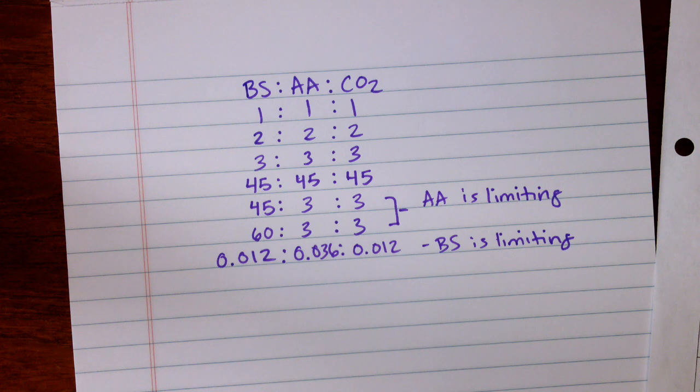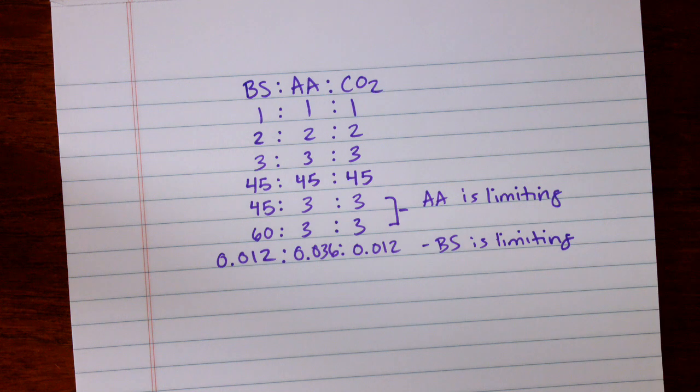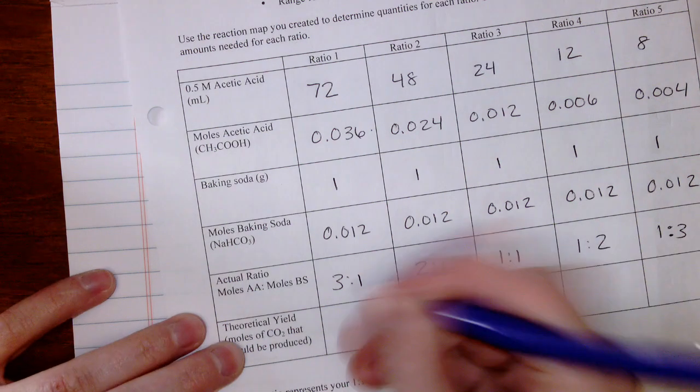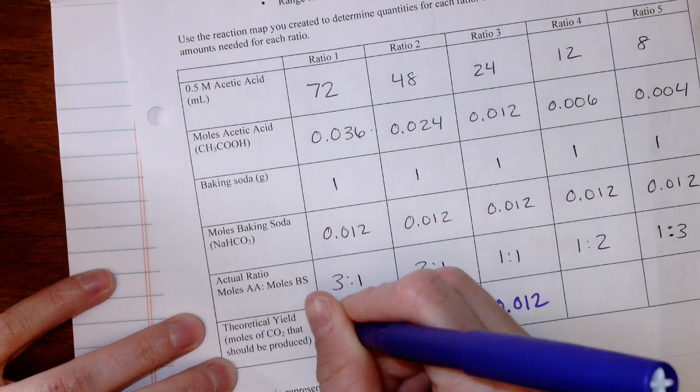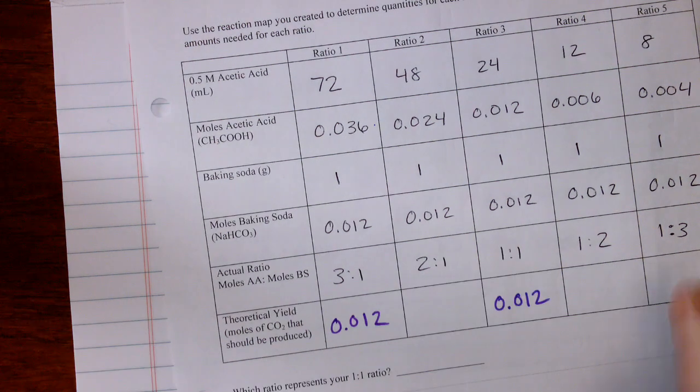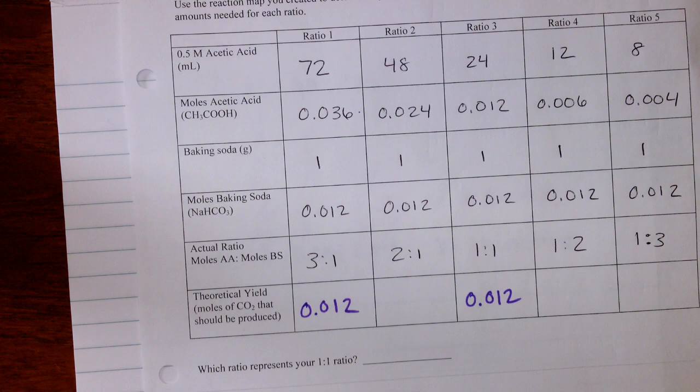This is not like how you can assume to be able to find this always, but for this specific lab, it works out that it's pretty easy. So our moles for carbon dioxide here would be 0.012, okay? So for this, think through what is going to be limiting, what is going to be excess. The limiting is how you're going to determine what the theoretical yield is.